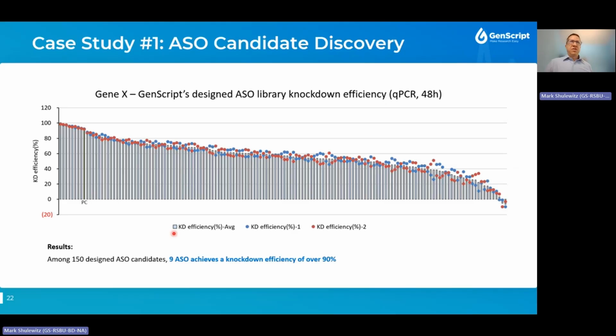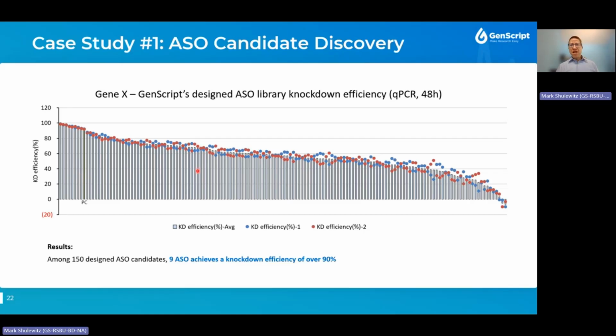So in this first case study, we designed, synthesized, and tested 150 different antisense oligos and determined the knockdown at the mRNA level, so looking at percent knockdown. Shown is a known positive control antisense oligo that's been previously shown to efficiently knock down its target.